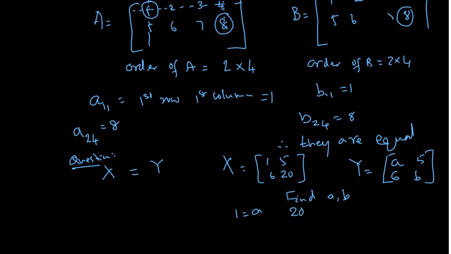So we are now going to exercise 3.1. The first question, number 1: in the matrix A, write the order of the matrix. You are there, right? Page number 64, exercise 3.1.